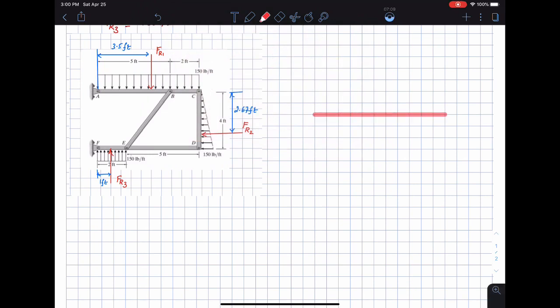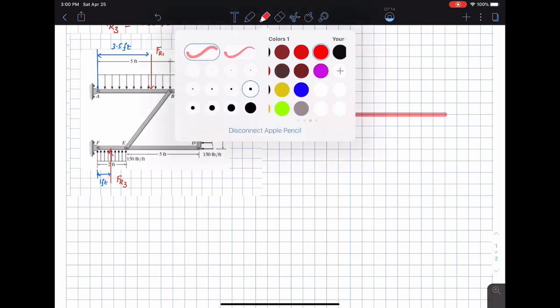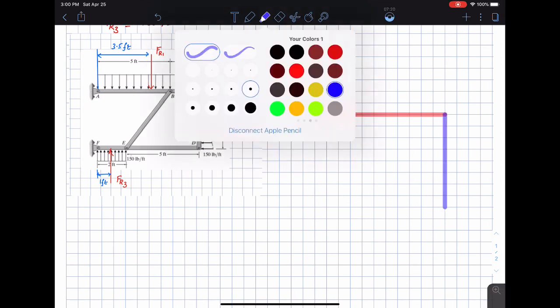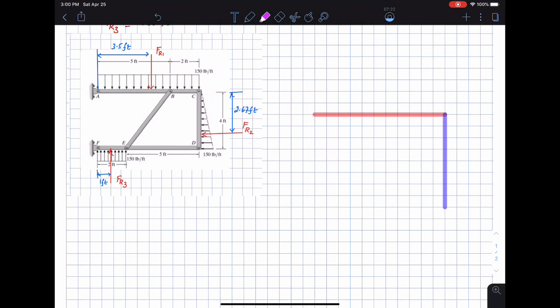Then I have the bar CD, which I'm going to draw using a different color. Then I have another bar, which is FED, starting from here all the way down to there. And in the intermediate step, I have this bar here.